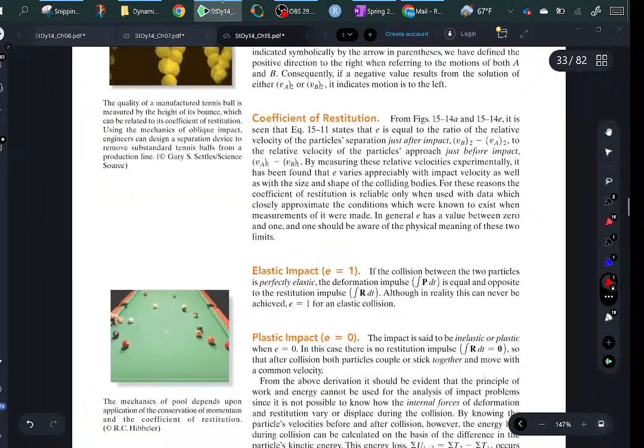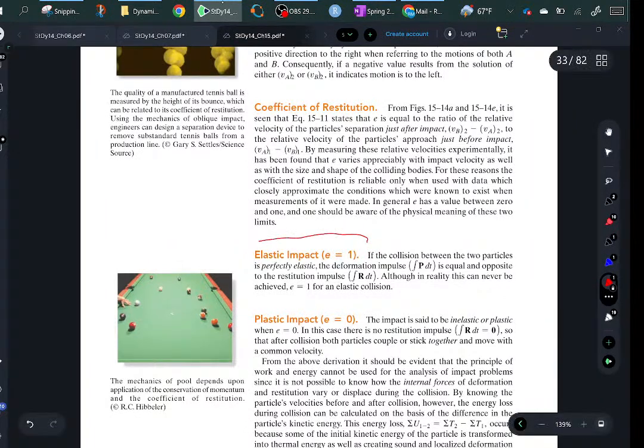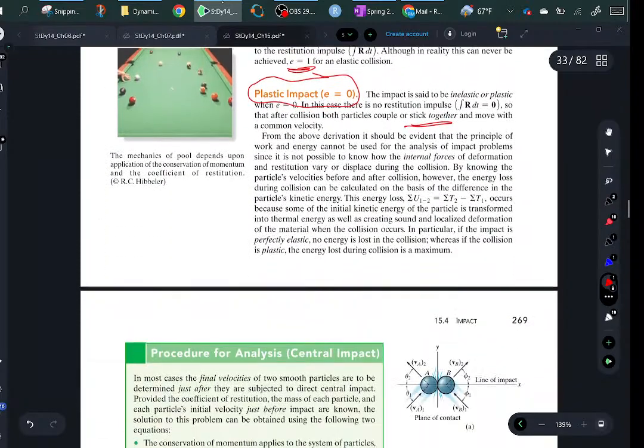Okay, so he says this about these two. You have a completely elastic or perfectly elastic impact, or what he calls a plastic impact, meaning they get stuck together. e is equal to 1 for the first, e is equal to 0 for the other.